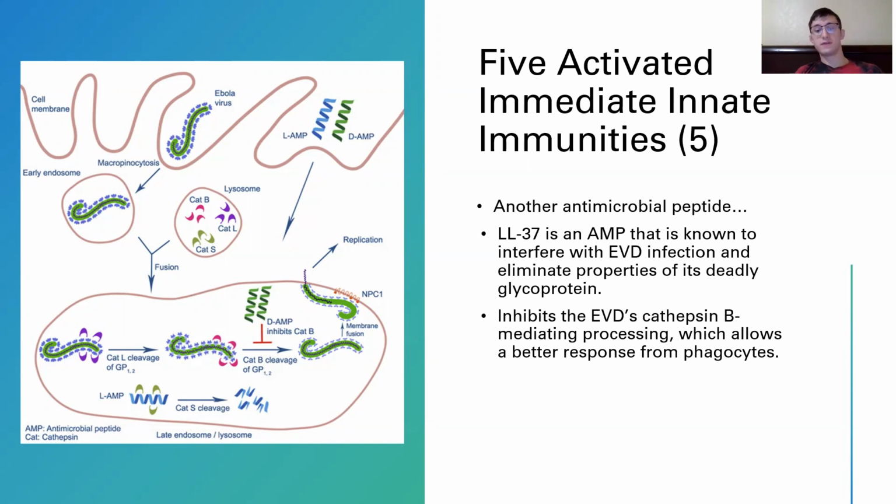The glycoprotein of the EBD virus is known to produce cathepsin B mediated processing, a process that is upregulated in many diseases to progress an infection at an enzymatic level.